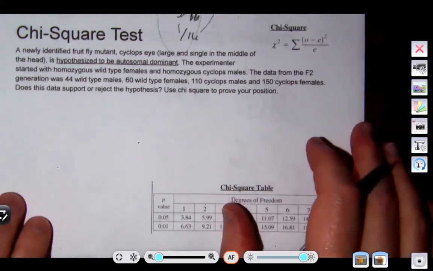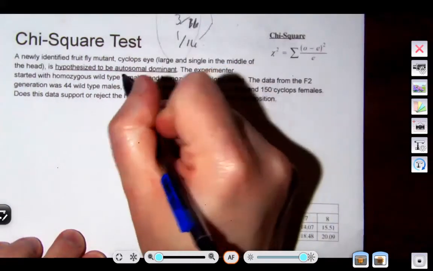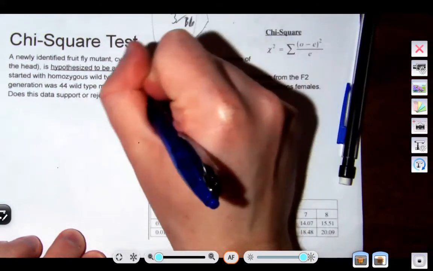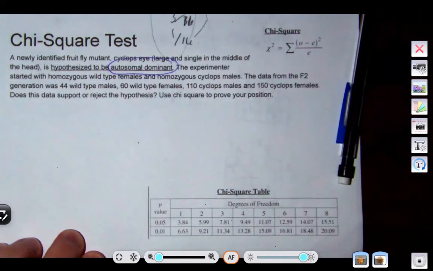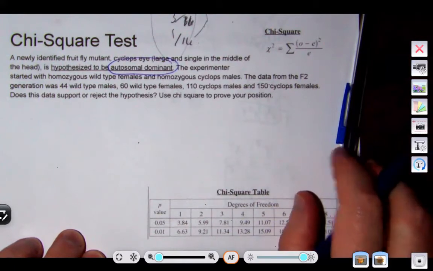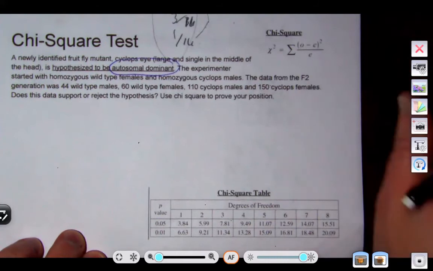So in a newly identified fruit fly mutant, Cyclops I, large and single in the middle of the head, is hypothesized to be autosomal dominant. Okay, autosomal means not sex-linked. The experimenter started with a homozygous wild-type female and homozygous Cyclops male.